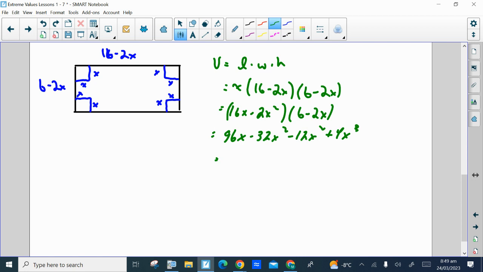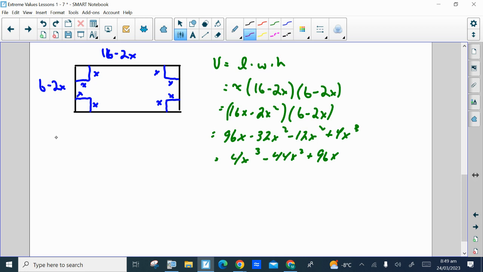So if we simplify, it'll be 4x cubed minus 44x squared plus 96x. There's an expression for volume.